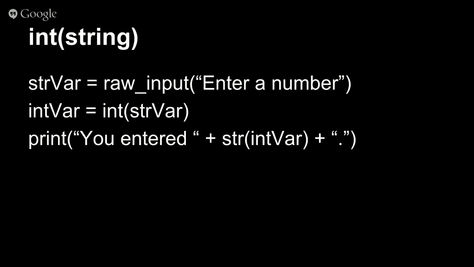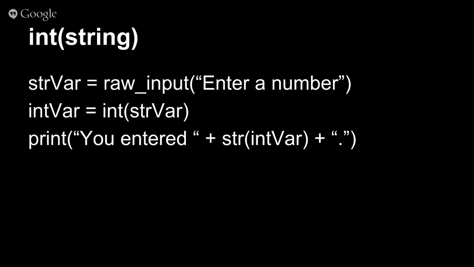If I do raw_input, which you will remember is exactly the same as input, except instead of returning a number, it returns a string. And if you're trying to do numerical things like addition, you cannot do that with raw_input. So that's what this function is useful for.